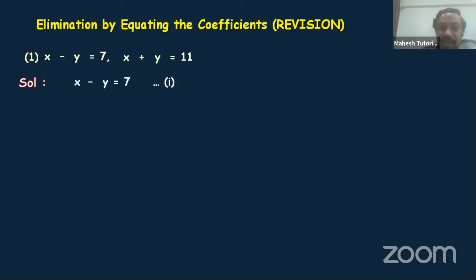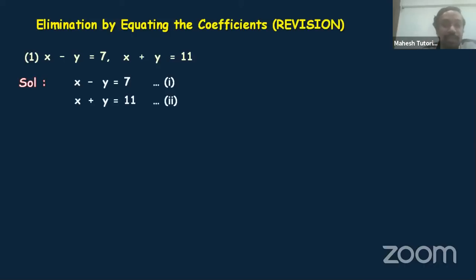Now look at the second equation. x plus y is equal to 11. Tell me whether this equation is present in its basic form. Yes, because the alphabets are present on the left hand side and the constant on the right hand side. So since this is also in basic form, I'll number this equation as equation number 2.